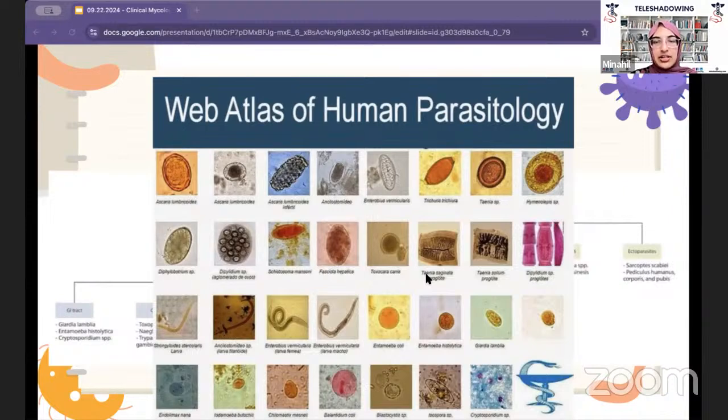Understanding the morphology helps you in diagnosing and treating these parasitic diseases, especially in a resource-limited setting, where these infections are more prevalent, like in developing countries.